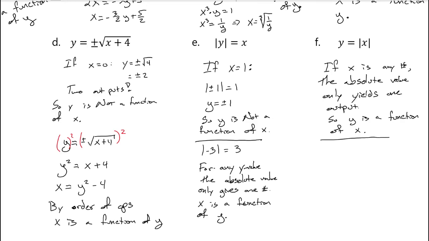On the other hand, if y equals -1, then x can be plus or minus 1. So x is not a function of y. If y is the input, we can have more than one x value as the output.